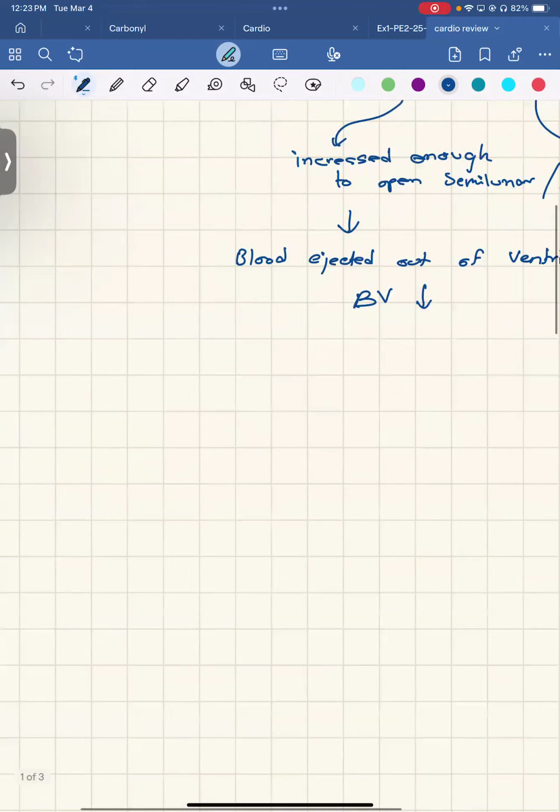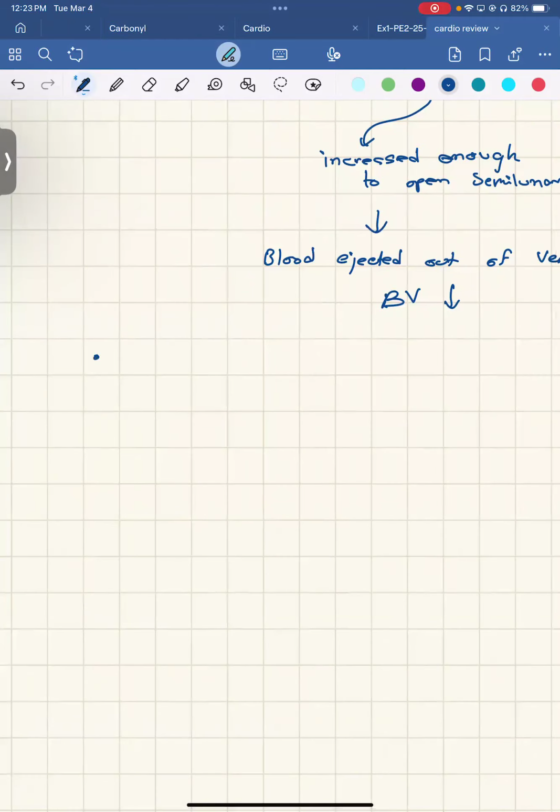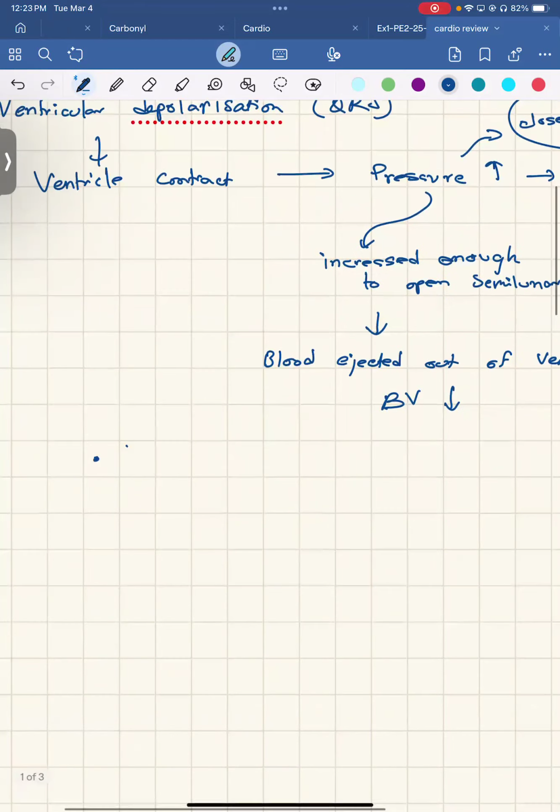Cool. And then let's say we go back to our electrical signals. What's going to happen now? Actually, it probably happened while here, probably right here. During this period, something happened with the electrical signal. The ventricles repolarized, right?